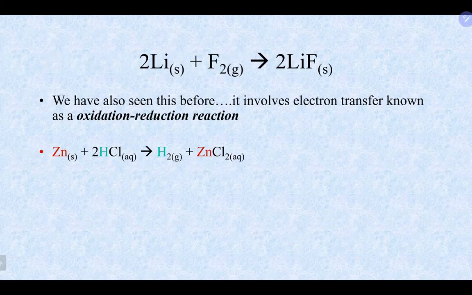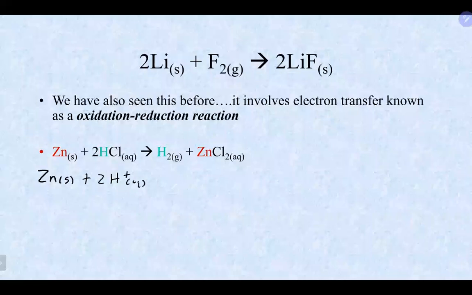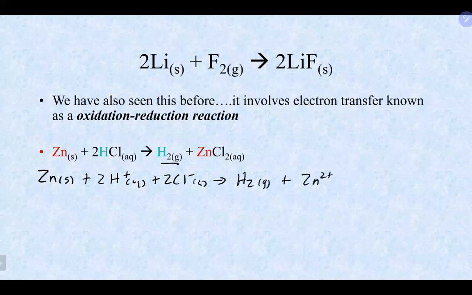For example, we would take the zinc and keep it together because it is a solid. This is a strong acid, which means it would break apart into H plus and Cl minus. This is a gas, which is covalent, so it will stay together as well. And our zinc chloride would break apart into zinc plus 2 chlorides.